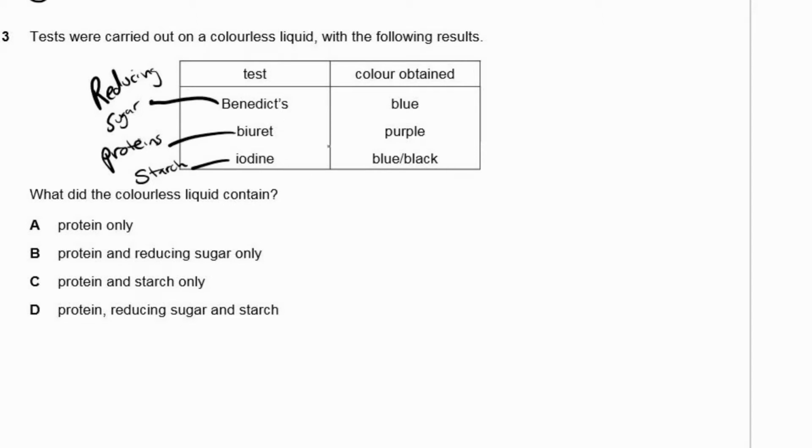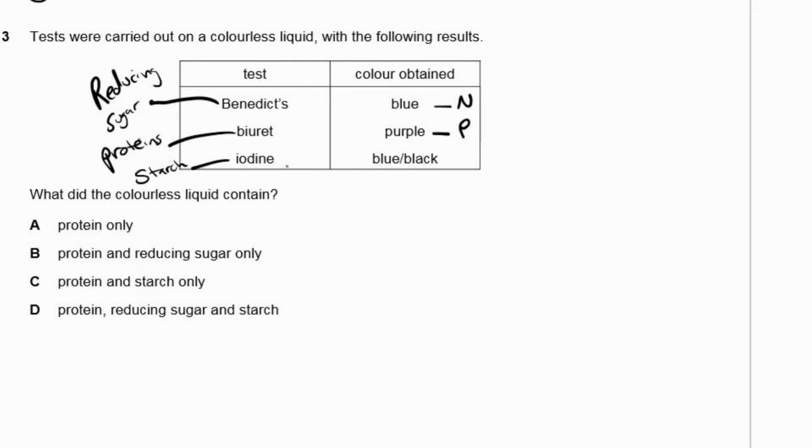So basically, if they've changed color, then there's something in there to make it change color. If Benedict's ends off blue, then that's negative. There's no reducing sugar in the solution. If Biuret, which starts blue, ends up purple, there has to be something in it. That's positive for proteins.